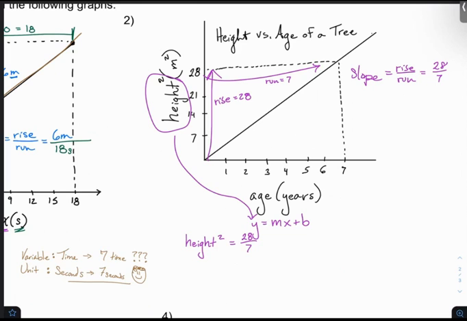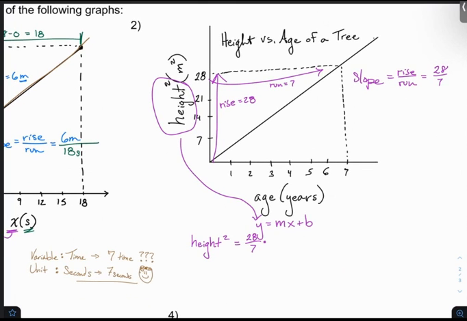Just go with what's easy. Okay, and then I need units for that. So the units for 28 was meters squared. The units for the 7 was years. So that means down here I'm going to have 28 meters squared per year.